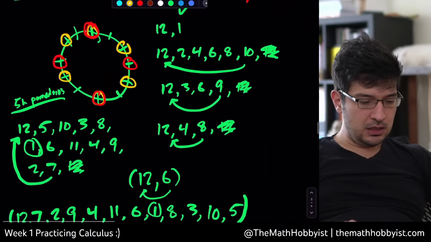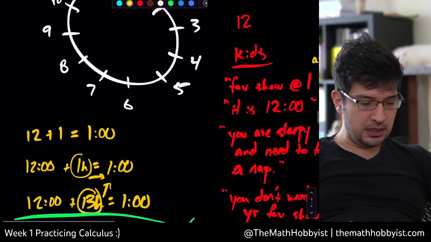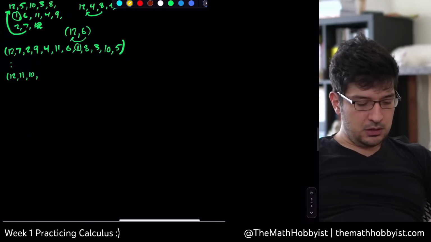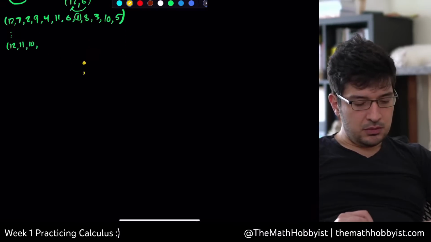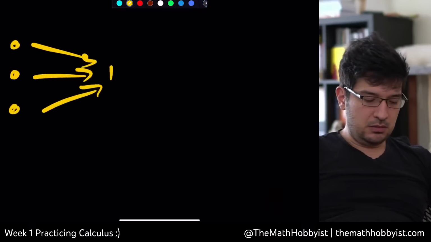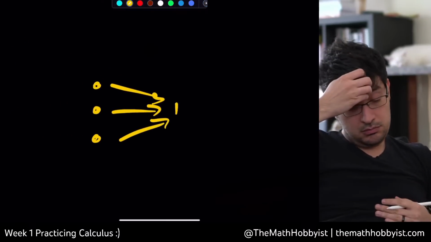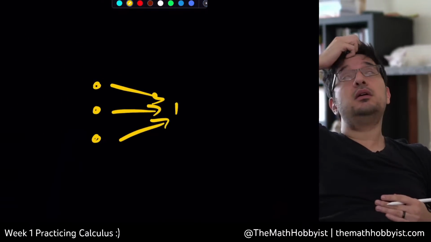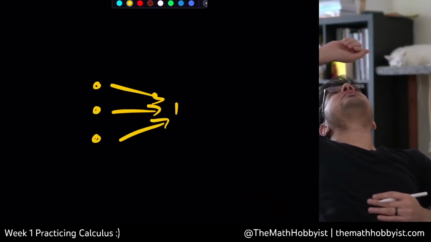The idea here is that there are multiple numbers that can add to 1. Or like, yeah, 1 o'clock. How do you make that precise?